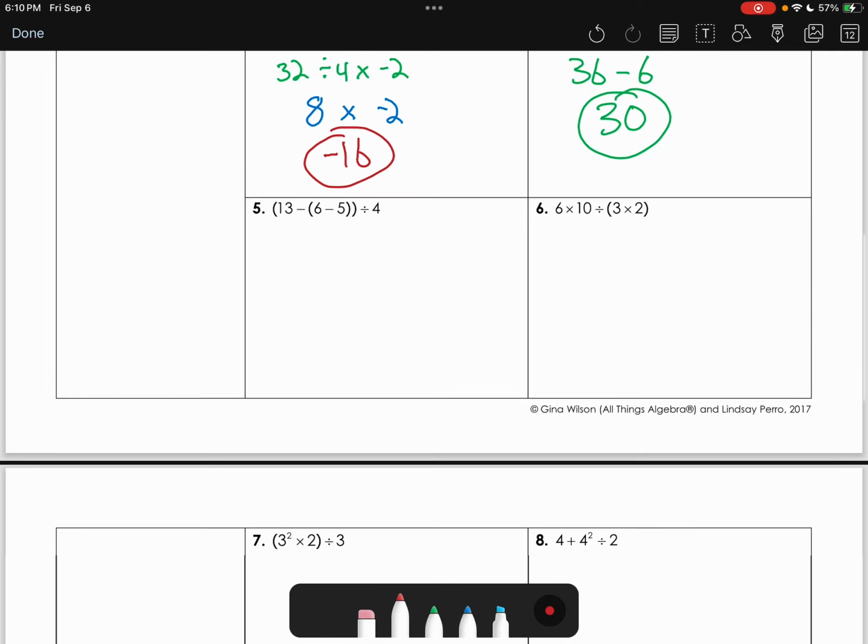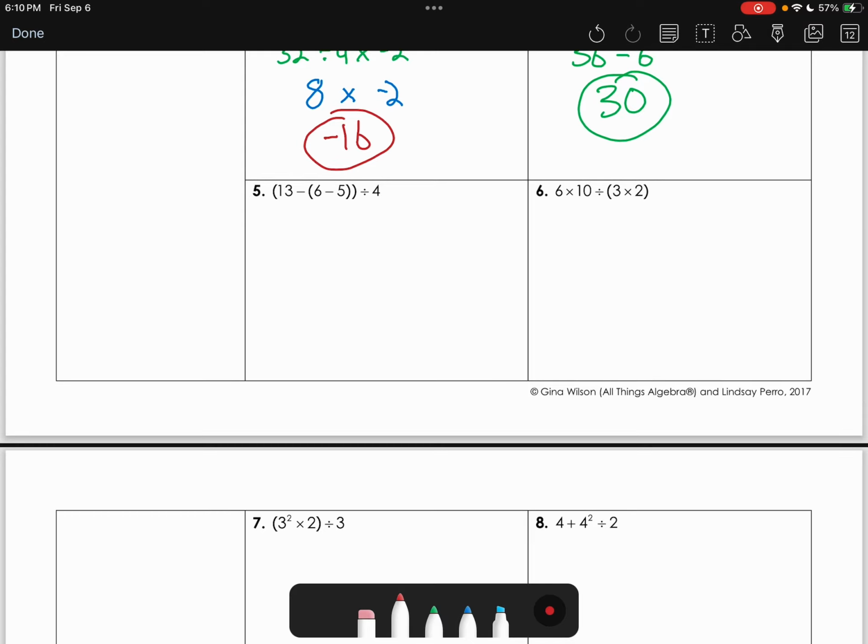Next, for number 5, we have parentheses within parentheses. So we are going to work on the inner parentheses first, and then we'll move to our outer parentheses. So we always want to start on the innermost parentheses. Okay? So I'm going to draw our outer parentheses so we don't forget about them. Move our 13 down and our subtraction sign. 6 minus 5 is going to get us to 1.